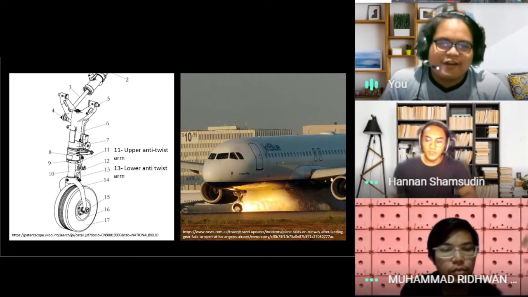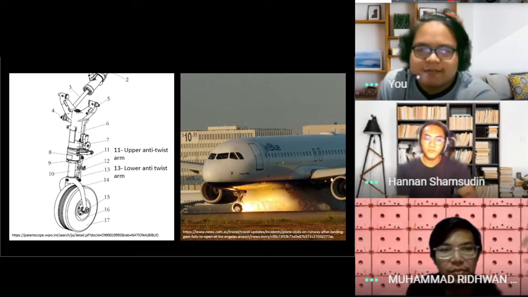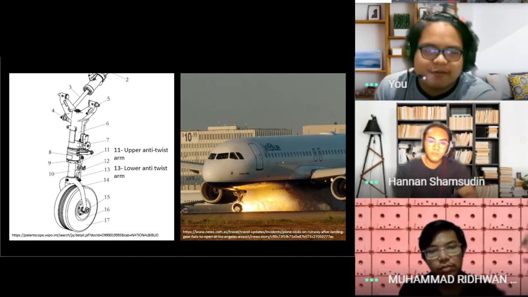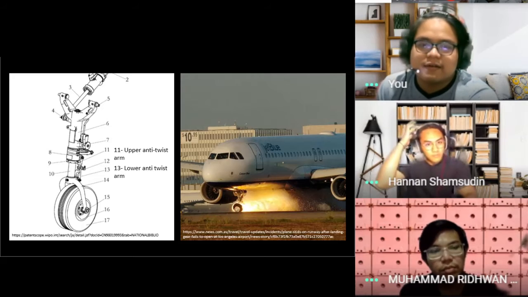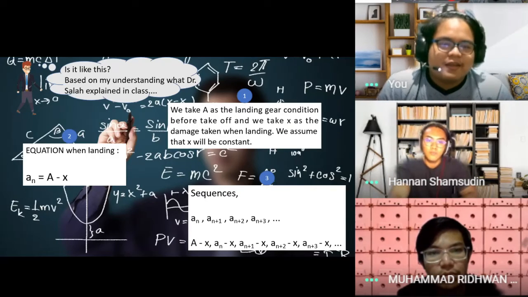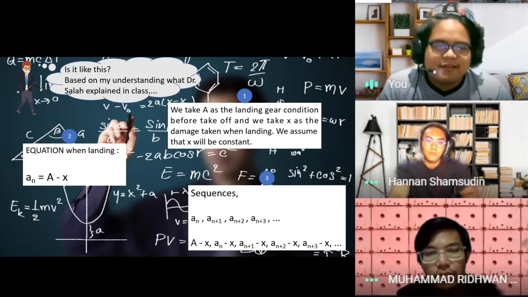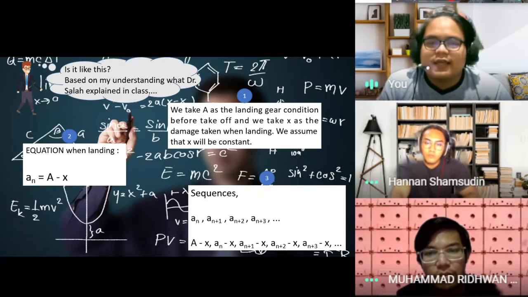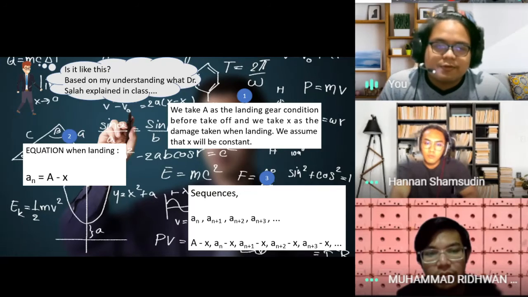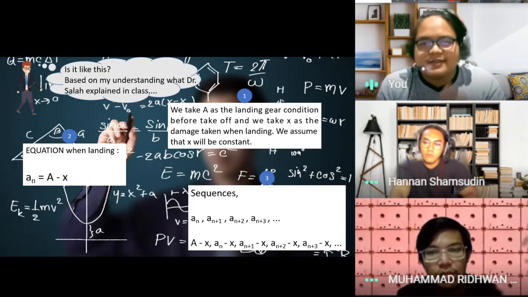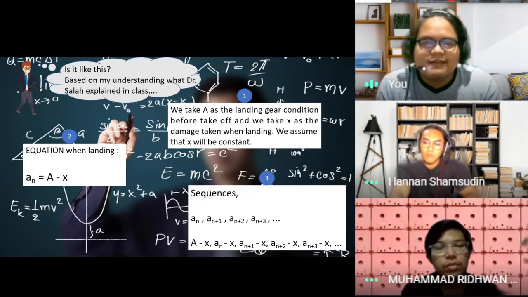Yes, you're right. So they asked me to create an equation from what I understood from what Dr. Salah explained in class. I take A as the landing gear condition before takeoff, and X as the damage taken when landing. We assume that X will be constant, because every time it lands, the force exerted on the landing gear is the same.